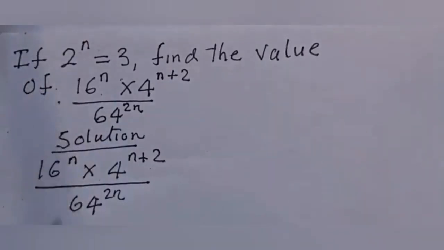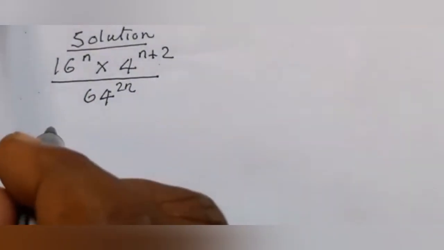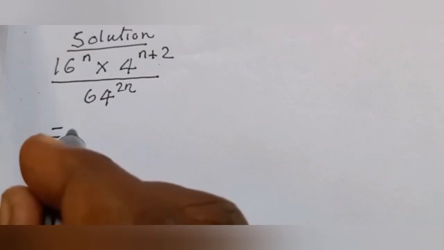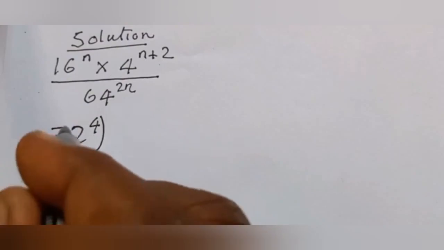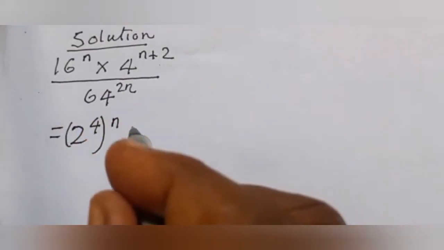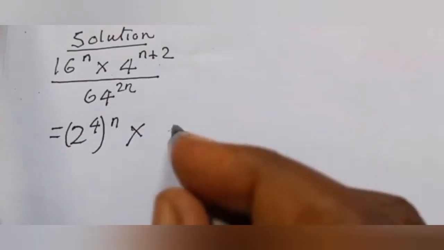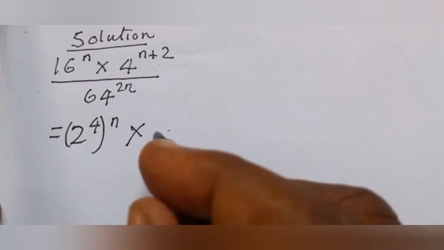We know 16 is 2 power 4. So we have 2 power 4 in the bracket raised to power n times 4, which is 2 raised to power 2.